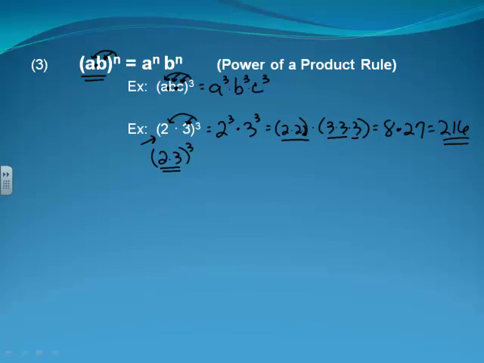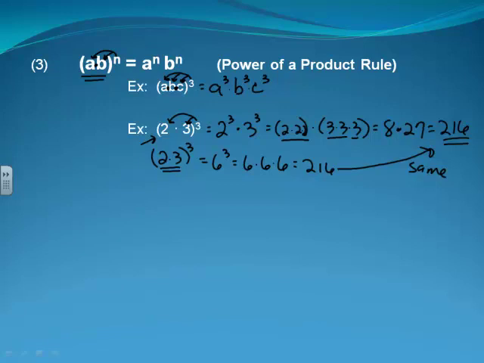Please excuse my dear Aunt Sally. You always do parentheses first. That would give you 2 times 3 is 6. And then 6 cubed would be 6 times 6 times 6. 6 times 6 is 36 times another 6 is 216. Same answer, slightly different method.